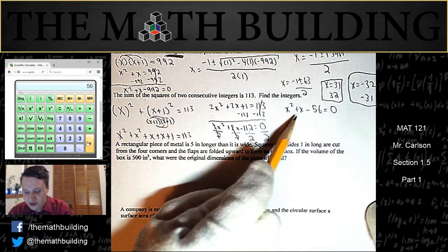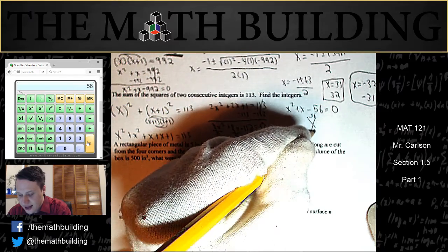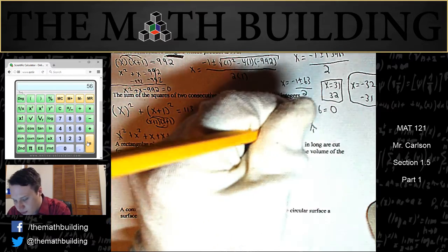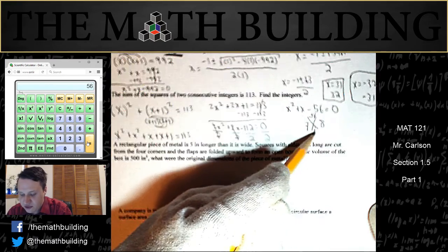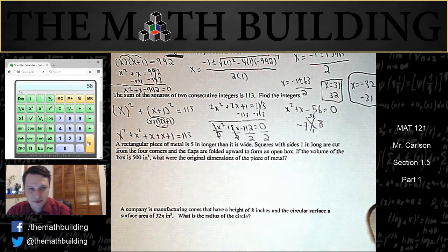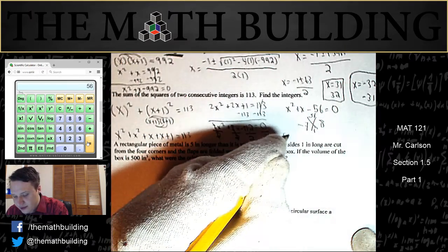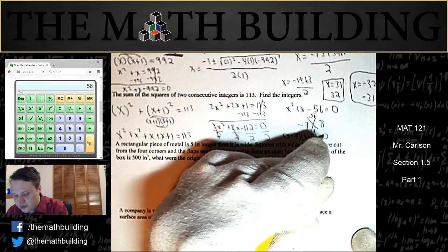So we can factor this. I need two numbers that multiply to make negative 56 and add up to 1. And those numbers would be 7 and 8. The 8 needs to be positive because when we add, we need a positive 1. So the 7 is negative. So factored, this would be x minus 7, x plus 8 equals 0.